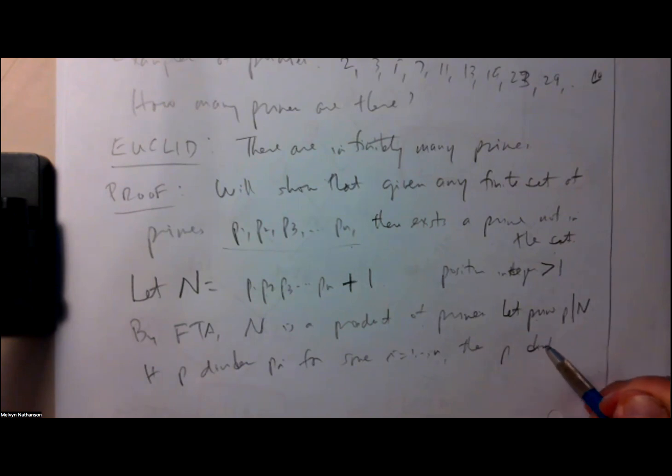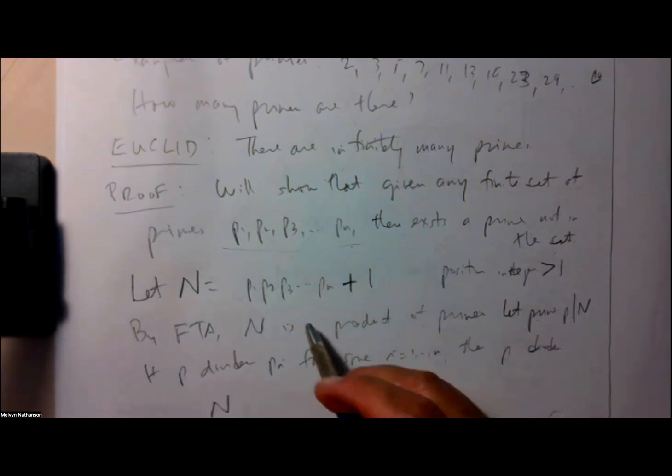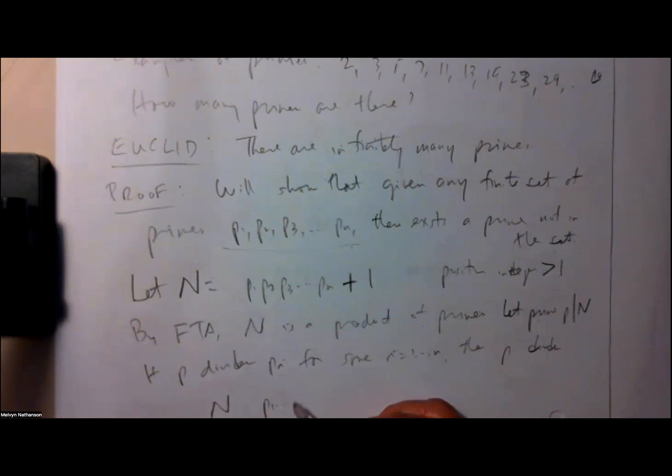Then P divides N, and it also divides P1 up to P sub n. We're given that the prime P divides capital N. If the prime P is one of these P sub i's, then it clearly divides this product. And if a number divides two integers, it divides their difference.